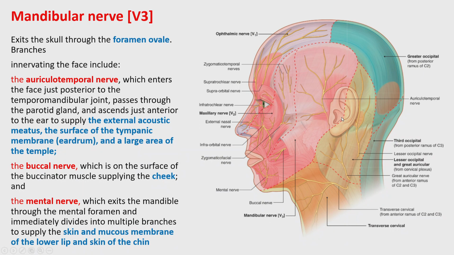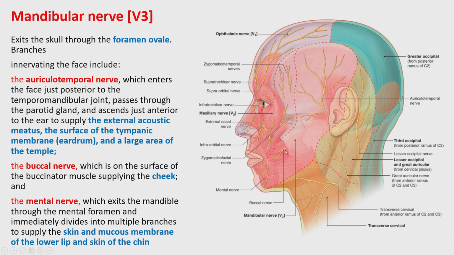So it has the auriculotemporal nerve, which is innervating a huge area of the temporal region and also the external acoustic meatus and tympanic membrane. Then it has a buccal branch. Remember, I said it before, this is a mistake of a lot of students.